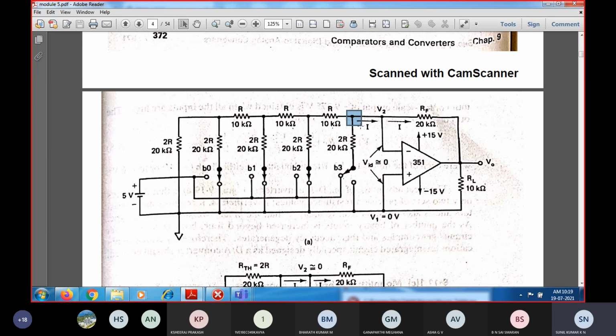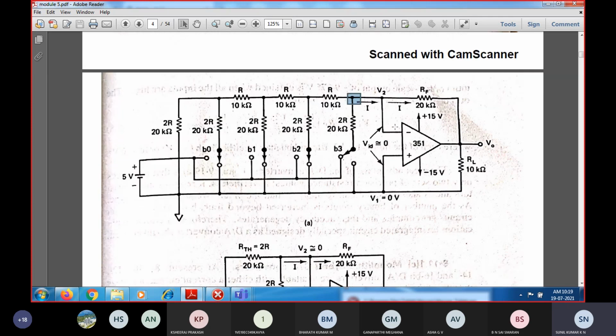So what is that equivalent voltage? 5 into 2R divided by 4R. 2R divided by 4R means 1 by 2. So 5 divided by 2 will be equal to 2.5 volts at this node position.